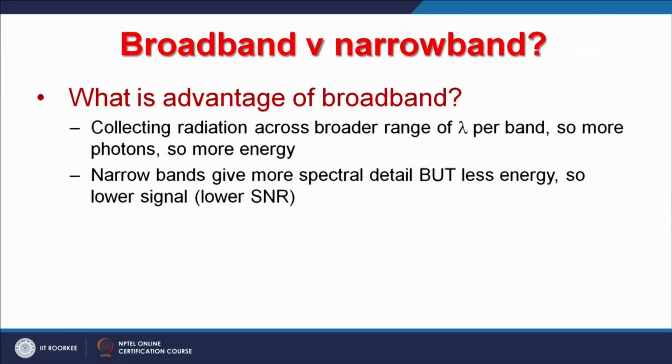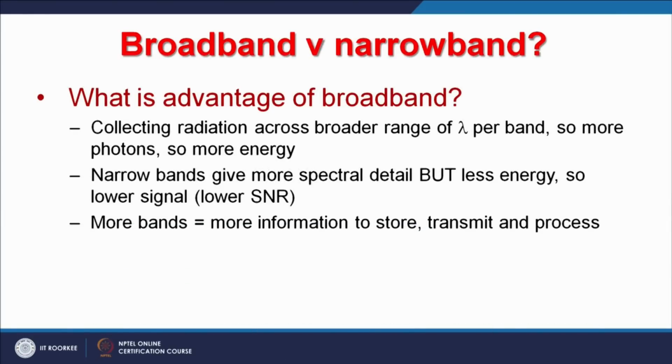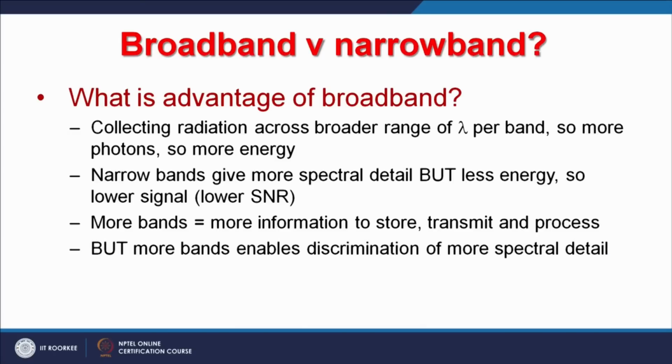Narrow bands give more spectral detail but have less energy, so lower signals, which means a lower signal to noise ratio, and more bands are possible in such situations. More bands enable discrimination of more spectral details. That's the advantage. If you have more bands, our interpretation becomes much easier, but there is always a trade-off in terms of computer memory, processing time and other things.